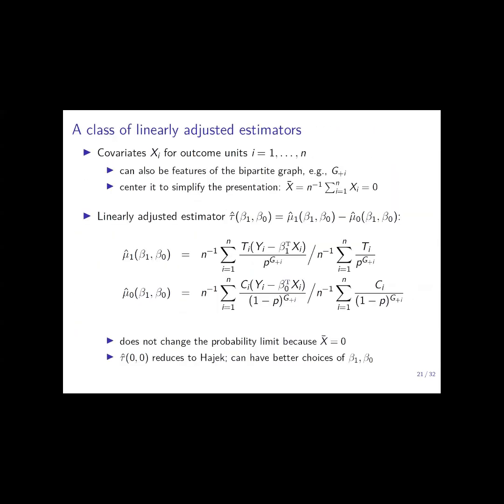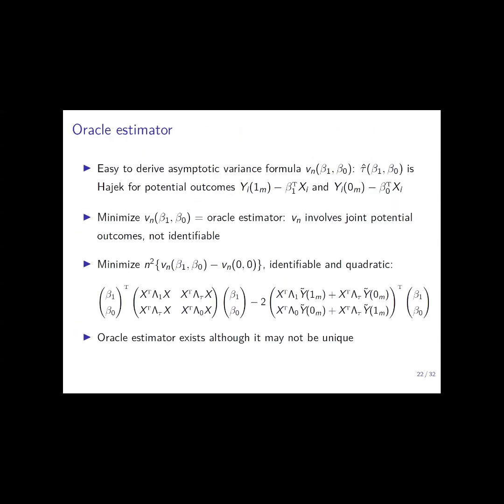It seems you can never estimate it, but actually, with some exercise, simple linear algebra, you can show it's doable. You cannot minimize the variance directly, but you can change the formulation a little bit without really changing the game.